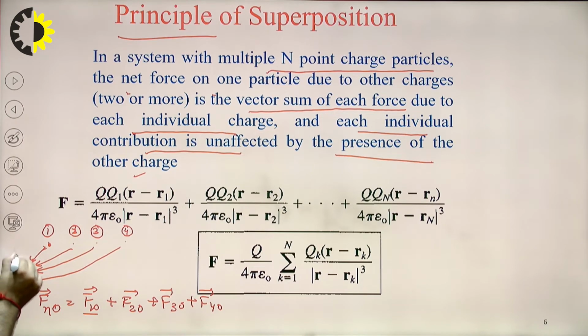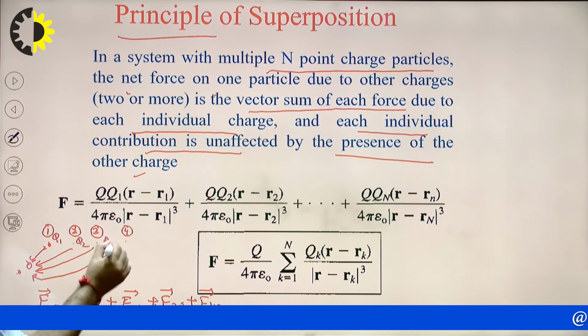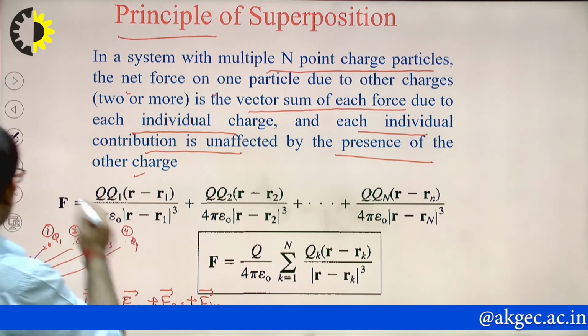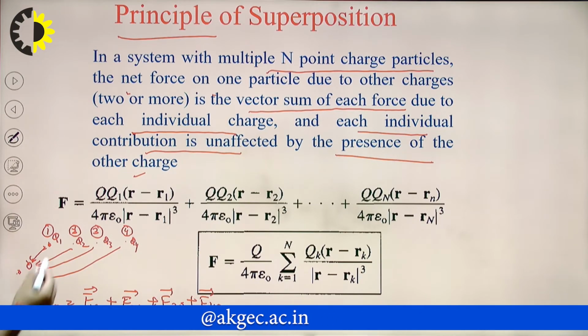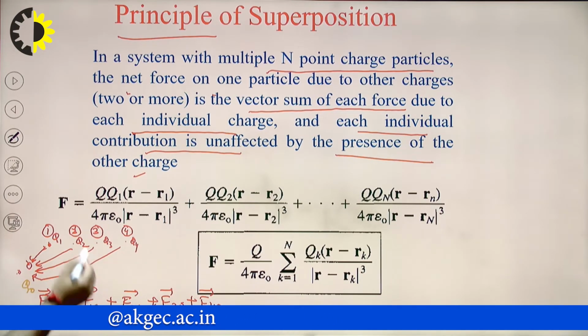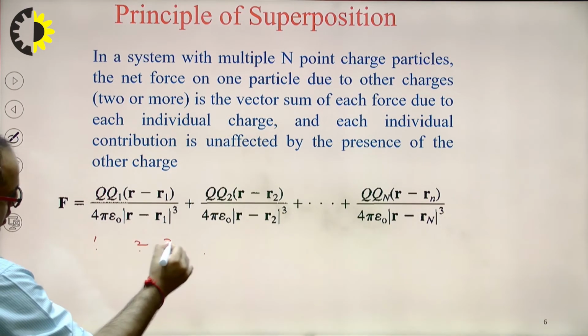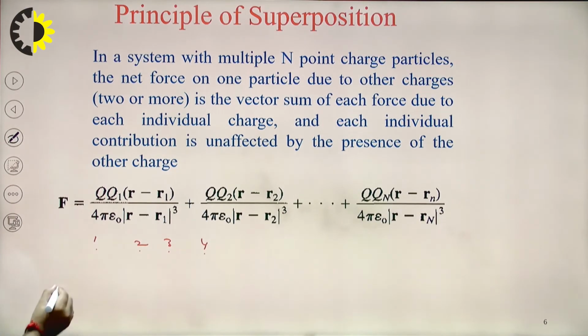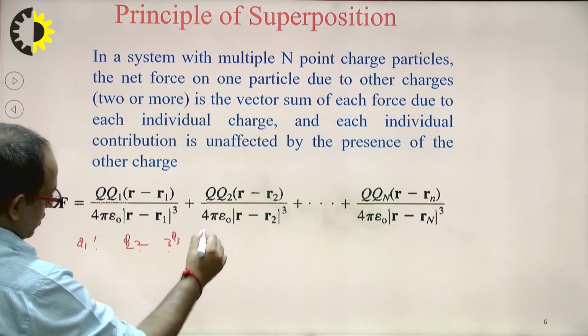If I say these have point charges Q1, Q2, Q3, Q4, and this has charge Q0. Clear? So F10 will be equal to Q0.